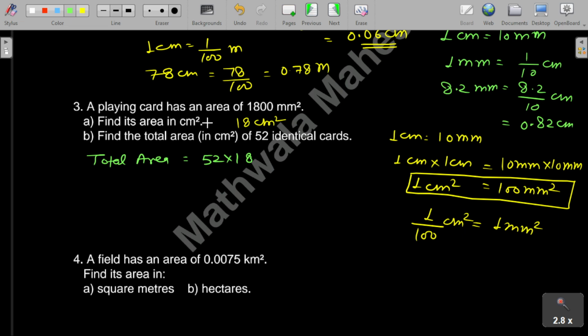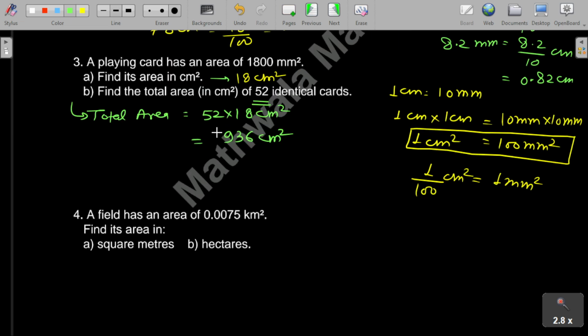So area of one card is 18 centimeter square, then area of 52 cards is 52 into 18 centimeter square. So if we multiply, then the answer would be 936 centimeter square. So this is our correct answer.